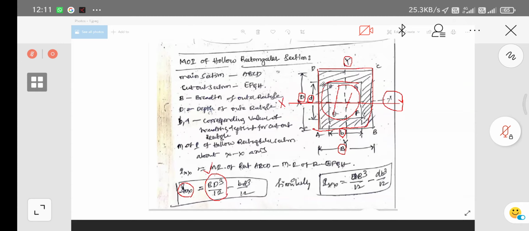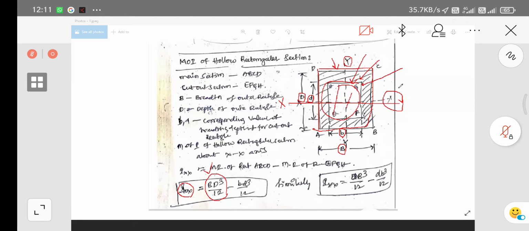But there is a hollow portion, which is also rectangular. If it were a triangle portion, you would have to remove it from this rectangle using the formula available for a triangle. But here we have only a rectangular section, so we apply the moment of inertia formula for a rectangle, bd cubed by 12, not with the larger dimensions but with the smaller dimensions, small b and small d.